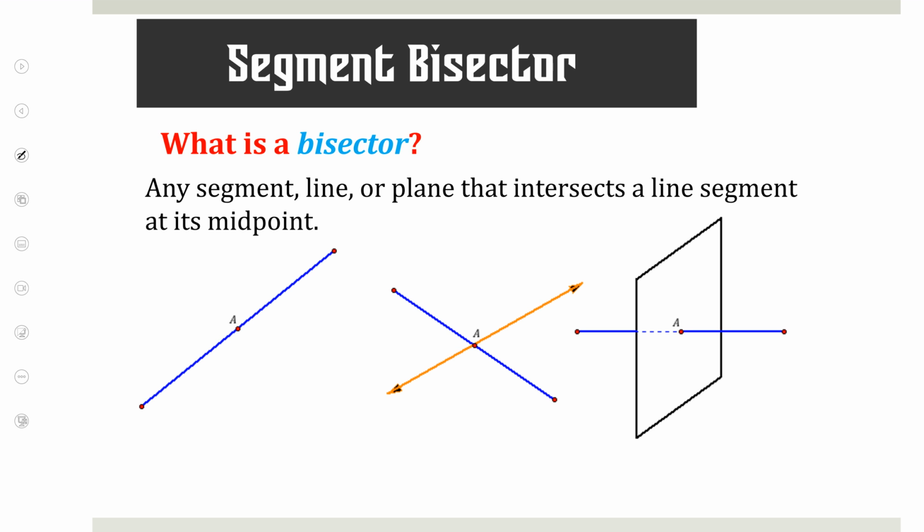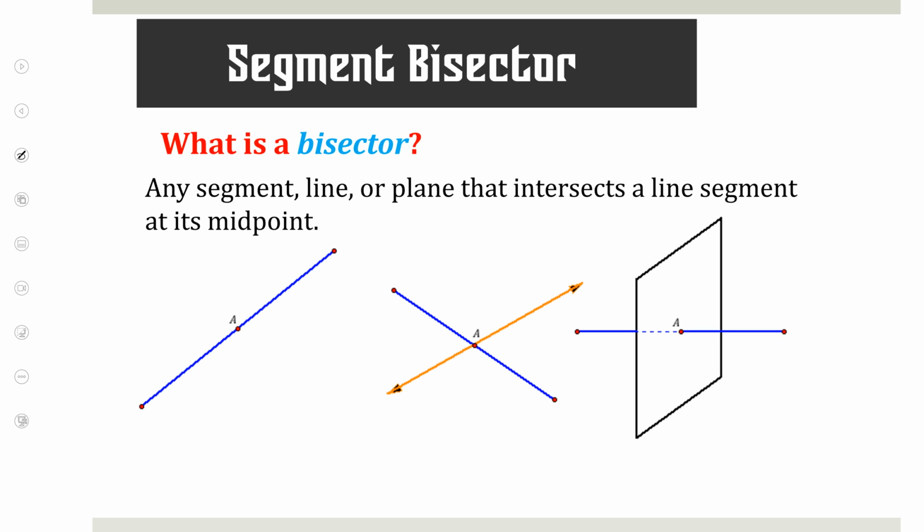So here, let me just show you the picture. Here's a lot of different ways that you can bisect a segment. Carly, does it make any sense to bisect a line? Why not? Good. Yeah. Lines go on forever. You can't cut something that has an infinite length in half. A segment, however, can be bisected. So in the first picture on the left, I bisected the segment with a point.